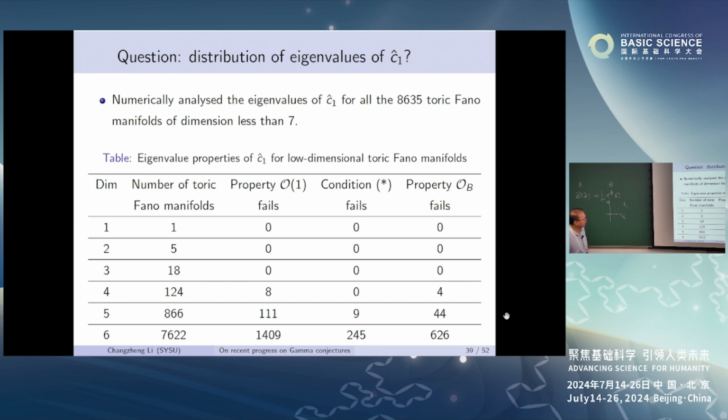And here we can see more and more. The bad thing is that there are many examples for which Conjecture O or the weaker condition does not hold. A good thing is that there are not so many, about 10% or even less; here you can see about 5%. So you can still expect that generically this could hold. How could we characterize these toric Fano manifolds, whether it holds or not?